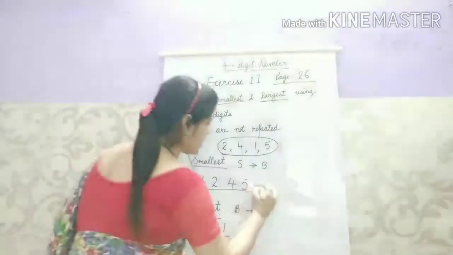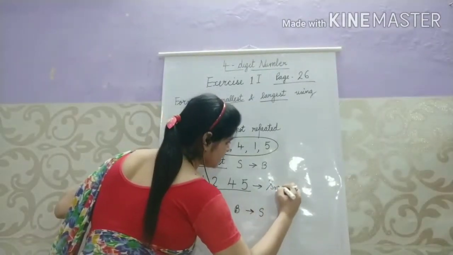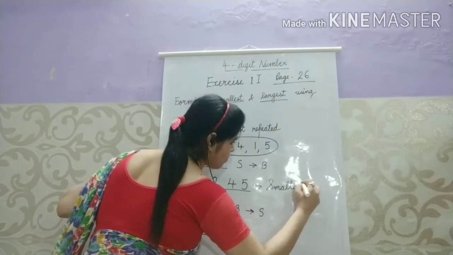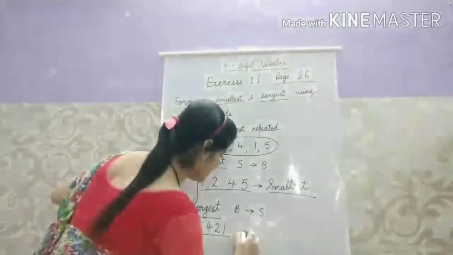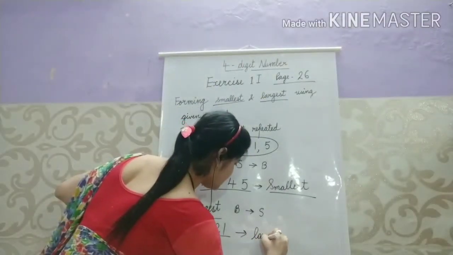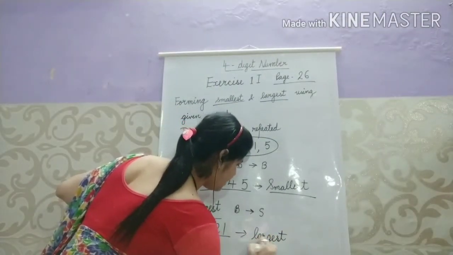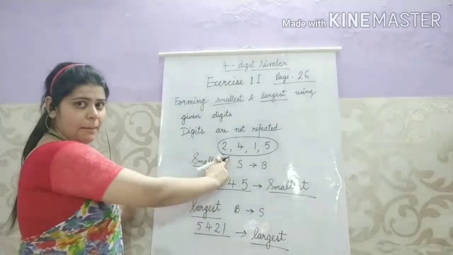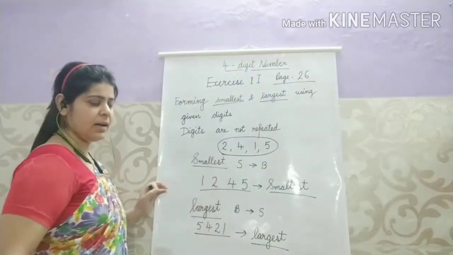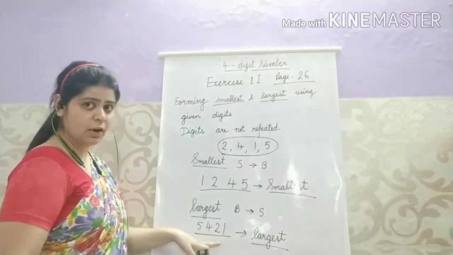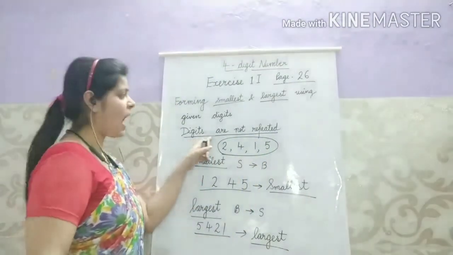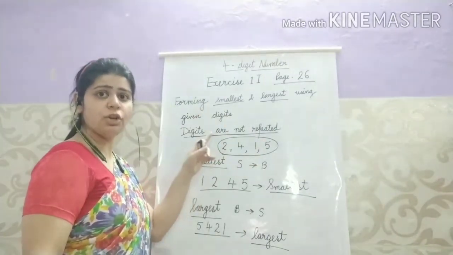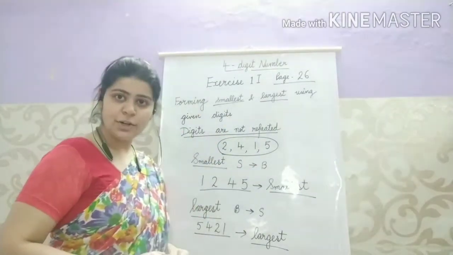So this was the smallest 4-digit number with the given digits, and this is the largest. See, digits have not been repeated, because in the instruction it will be written that digits should not be repeated. Understood everyone?